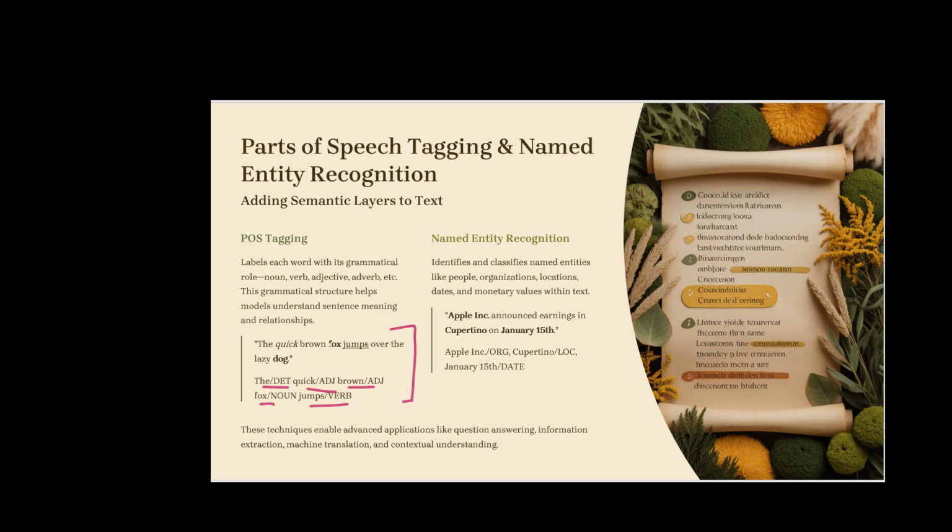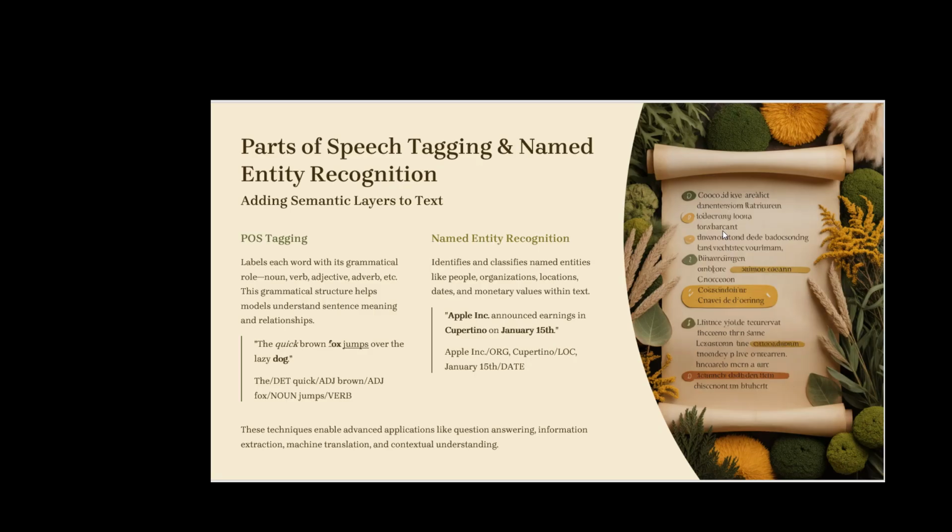Apple is classified as an organization, Cupertino as location, January 15th as date. And in fact, these techniques of parts of speech tagging and named entity recognition enable advanced applications like question answering, information extraction, machine translation, and contextual understanding.